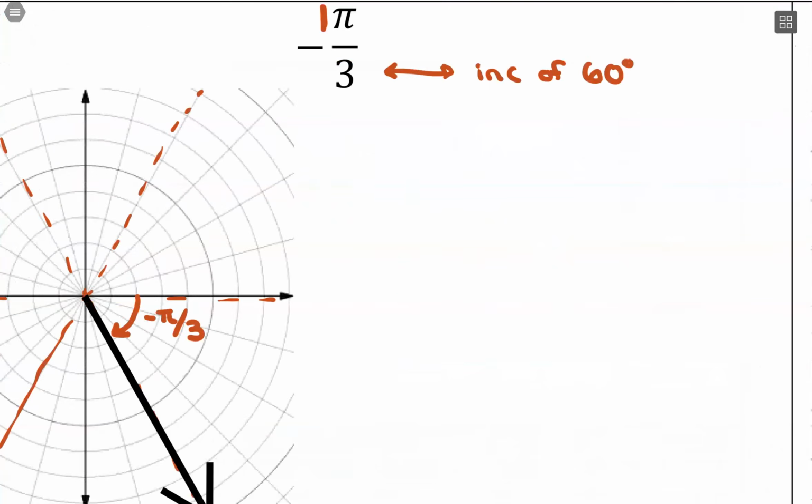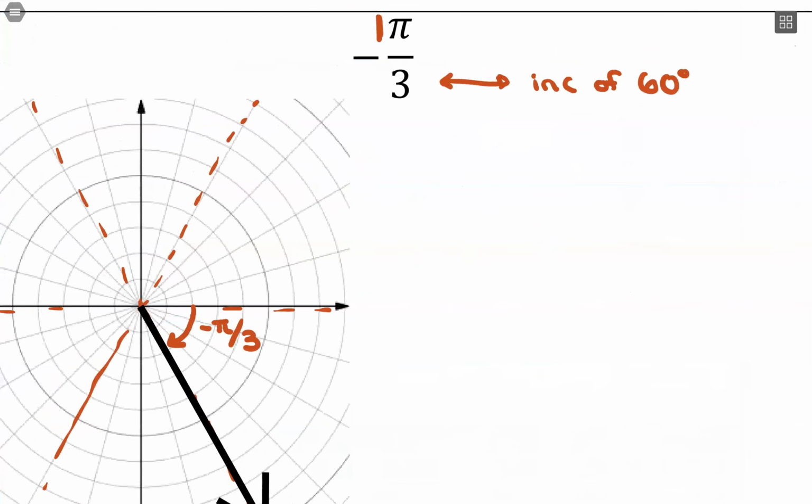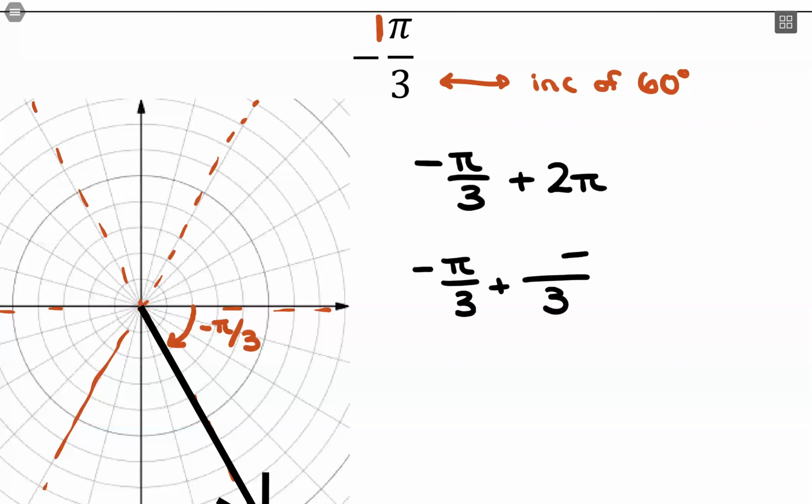So let's go to this one up here and think about the same thing. So in that previous example, I subtracted 2pi. I could have been adding it on. That's completely fine. So with this one, let's go ahead and add 2pi. So -pi/3, and I want to add a full revolution of 2pi. Now those have different denominators, so I need to make sure they both have a denominator of 3.